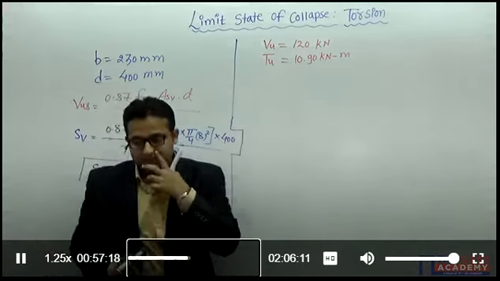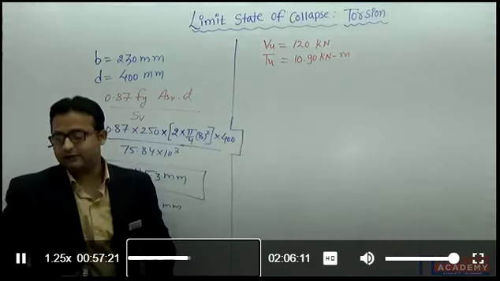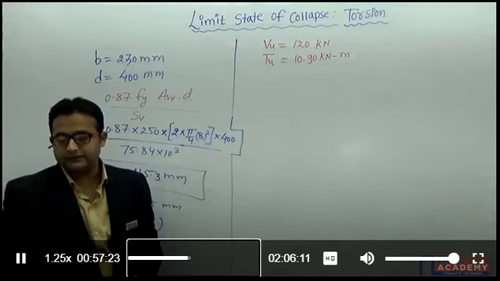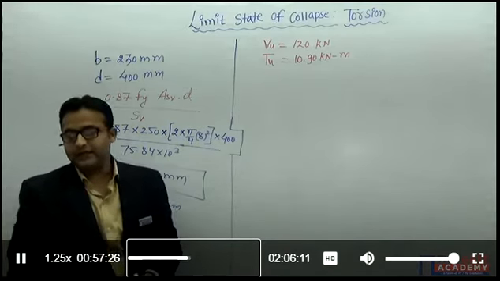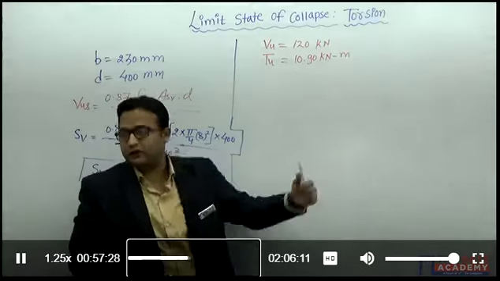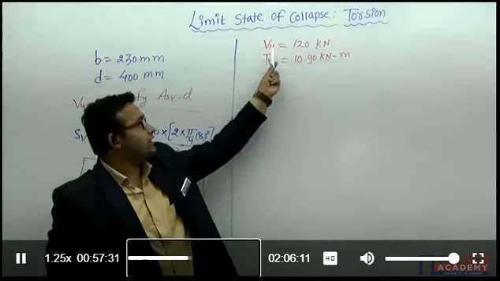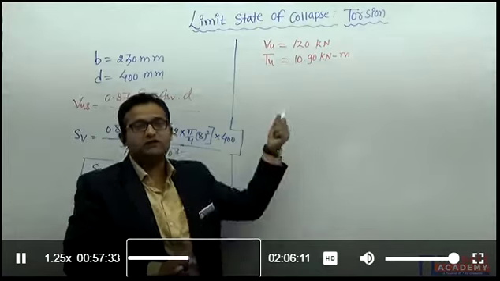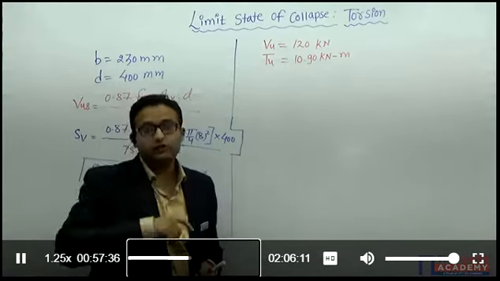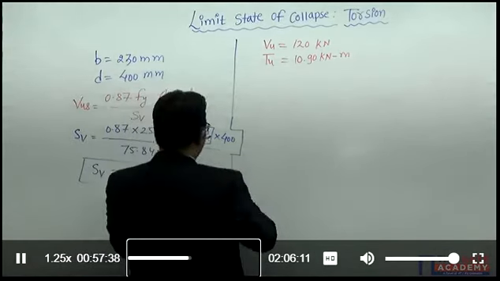So according to the next problem, we are going to discuss the GATE problem 2008 for 2 marks. In addition, the beam is subjected to the torque of 10.90 kilonewton meter and the shear force already given is 120 kilonewton. So first of all, I will be calculating the equivalent shear force, and the equivalent shear force formula I know.